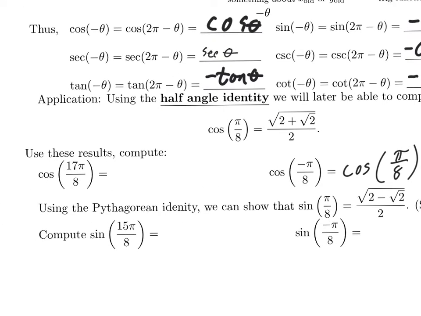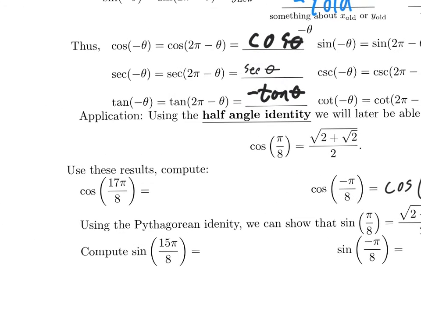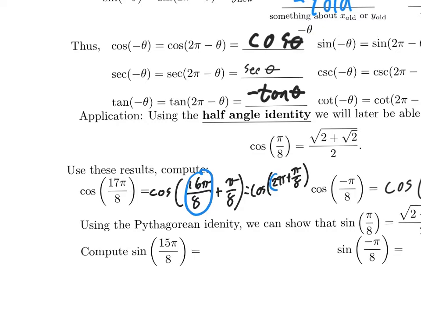Neat. Let's think about the cosine of 17 pi over 8. That is the same thing, if you notice, as the cosine of 16 pi over 8 plus pi over 8, also known as the cosine of 2 pi plus pi over 8, because 16 pi over 8 is exactly 2 pi.